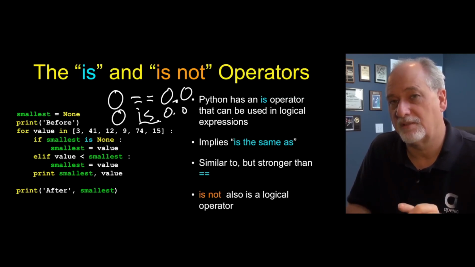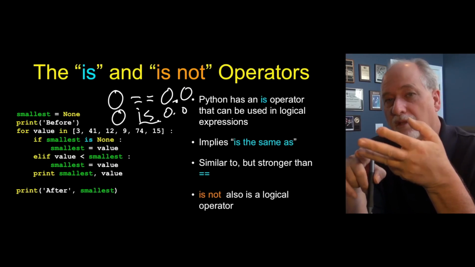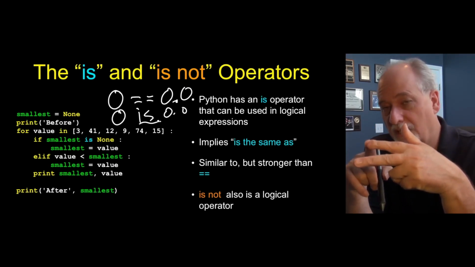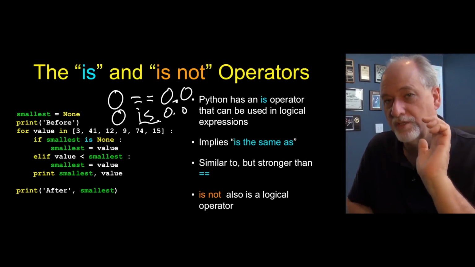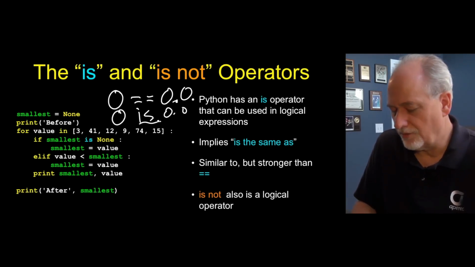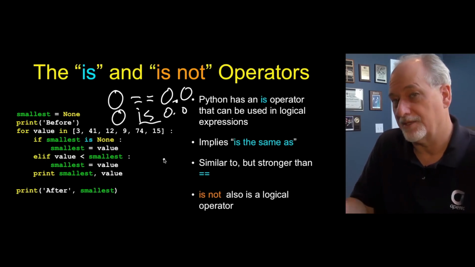So use is sparingly. I tend to only use is on Booleans and on none types. I don't use is on integers, and I don't use is on floats, and I don't use is on strings. Just none or true false. And also is not is also an operator. So you just say blah blah blah is not none, or blah blah blah is not false.